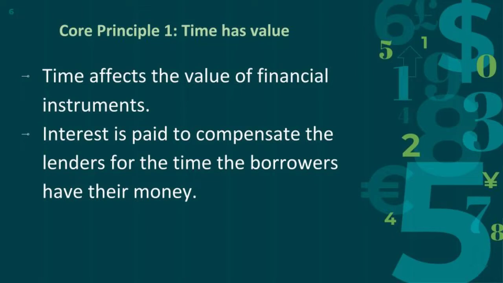So the longer you forego the consumption of your capital and you invest it, the more should be the compensation that you receive for that. That compensation is usually in the form of interest. Interest is paid to compensate the lenders for the time the borrowers have their money. So far, so good. Now let's take a look at principle number 2.